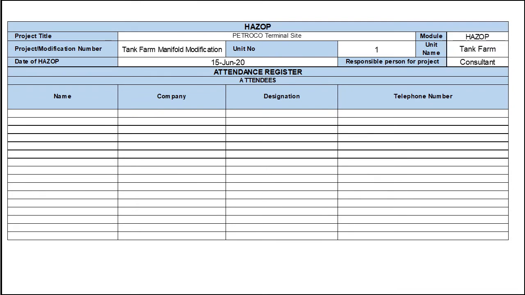The first spreadsheet of our HAZOP documentation is the attendance register.